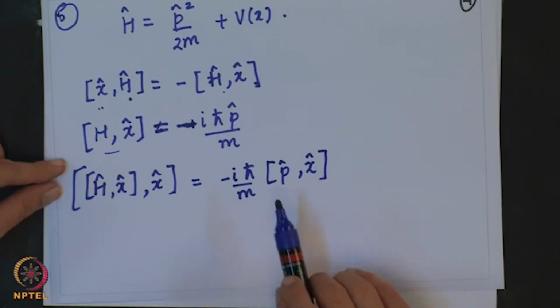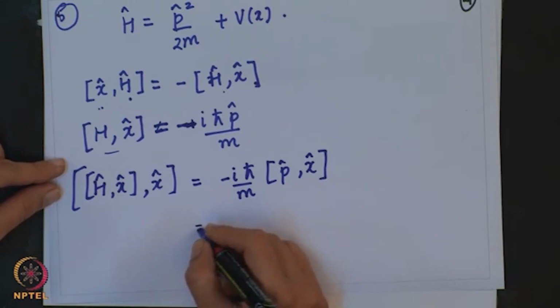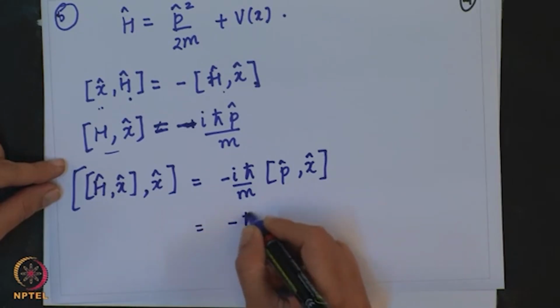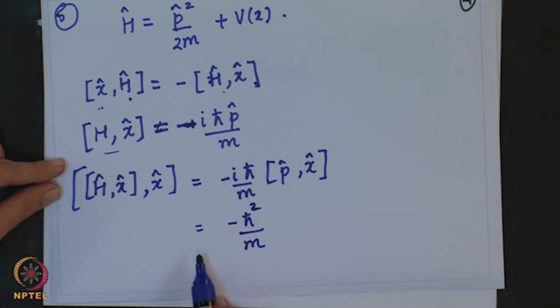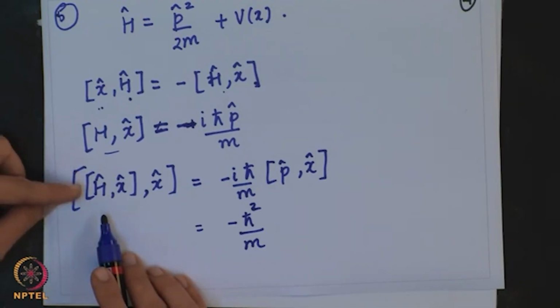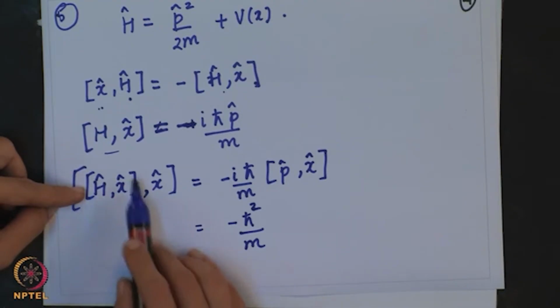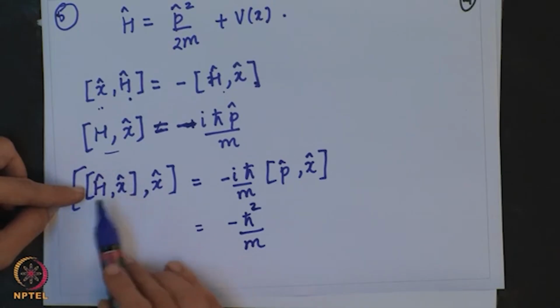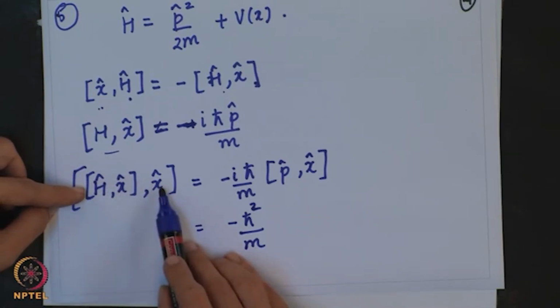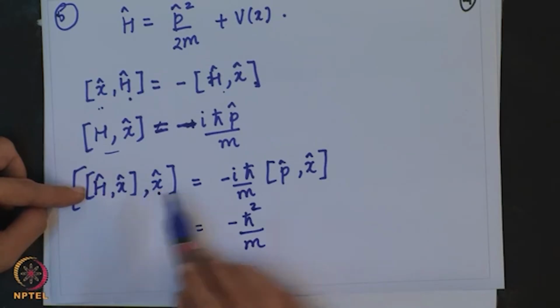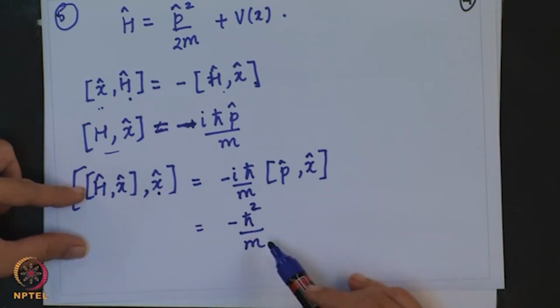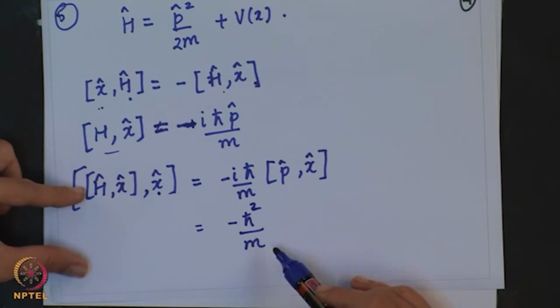However, the commutator of p and x would be minus i h cross. So, this would give you minus h cross squared upon m. I have got this by using the commutator result from the previous problem, and the commutator result when you commute with the operator x.